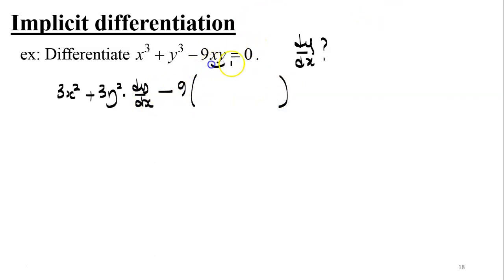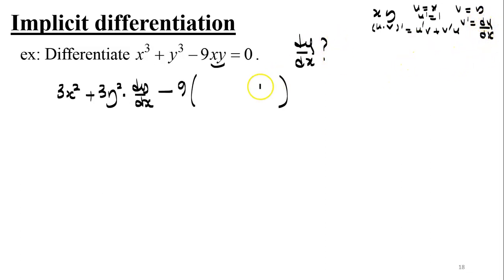Now, x times y can in fact be seen as a product in the form u times v. So the derivative of u times v is u prime v plus v prime u. If u is x, then u prime is 1. If v is y, then v prime is y prime, which is dy over dx.